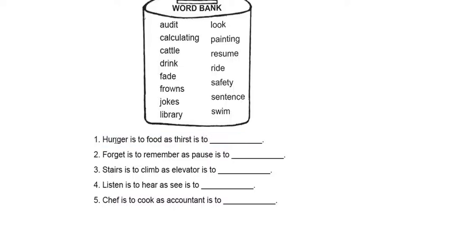So for you to have a hint, for you to have a clue on how to answer this one, you need to analyze the relationship between this pair. So hunger is to food, so what is their relationship? Of course, if you are hungry, you need food. And this one, thirst is to blank. If you are thirsty, what are you going to do?